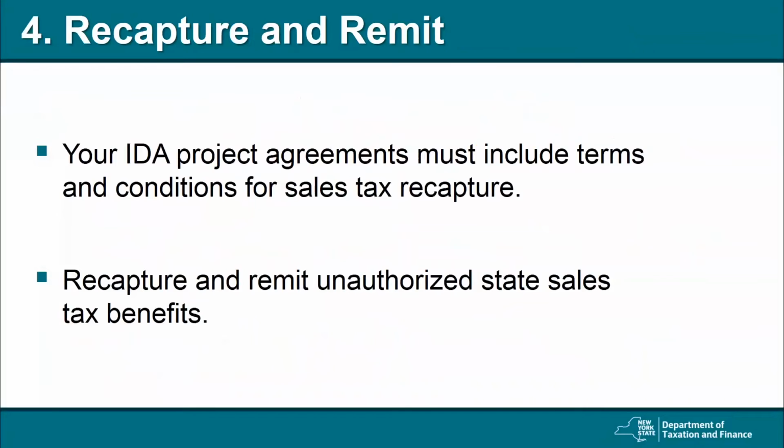Secondly, related to recapturing and remittance, the IDA actually must go ahead and recapture or claw back these unauthorized benefits. So we'll go into that in a little more detail.